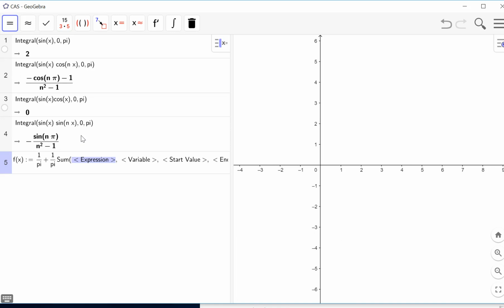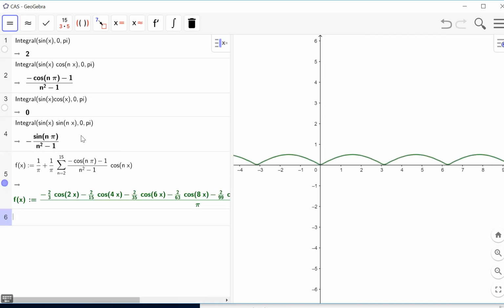I want to start the sum at 2 this time. So we'll take number 2 and multiply it by cosine of nx. The variable is n. I want to start at 2. And again, let's just do 15. What did I do? I did this last time. Oh, wait.